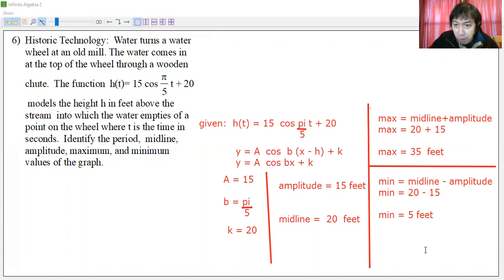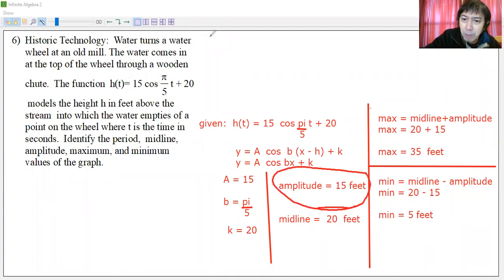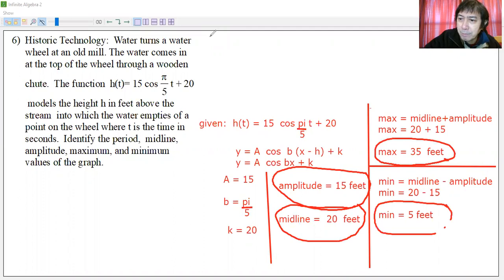And so we have our amplitude, we have our midline, we have our maximum, we have our minimum. Okay, just one more. We're asked to get the period.